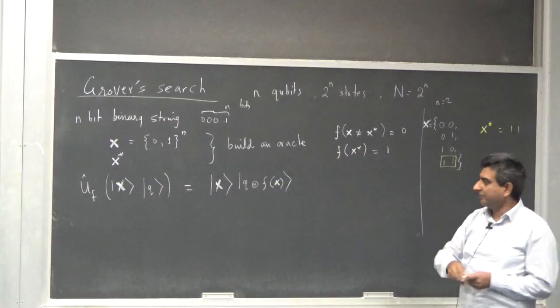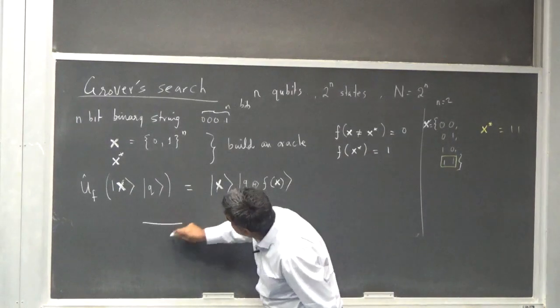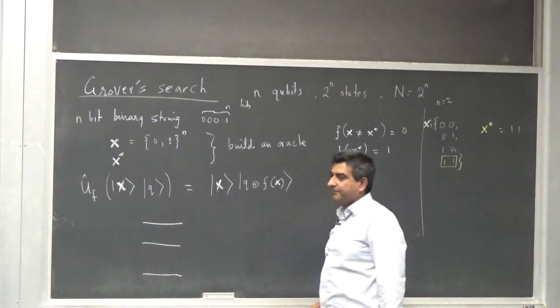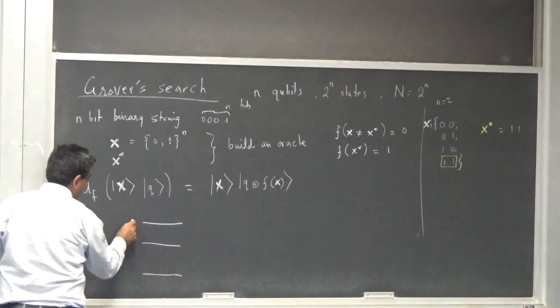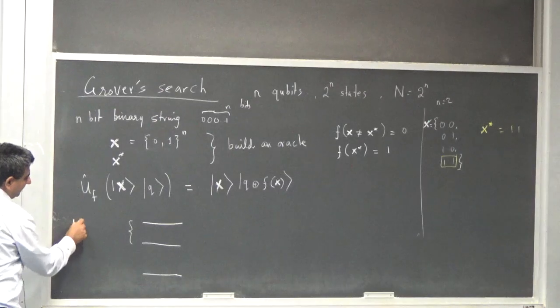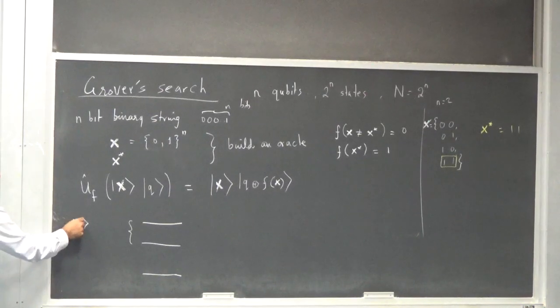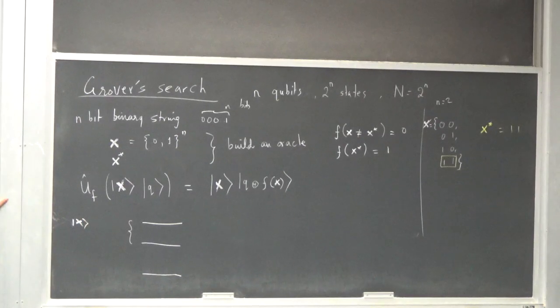So I have 3 qubits. I'm now attempting to build a quantum circuit. These two qubits represent my bold X. This represents my ancillary qubit.